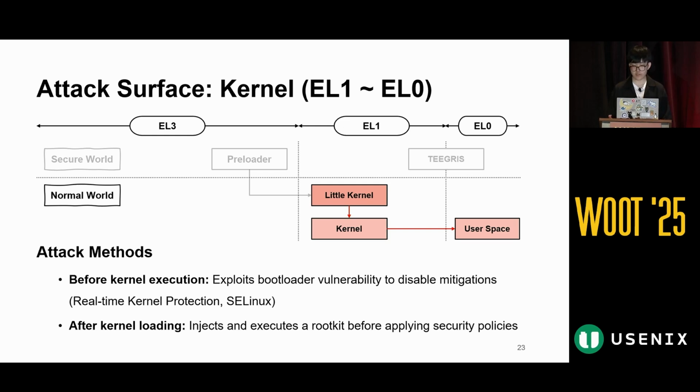As a result, the kernel executes in a compromised environment, enabling the attacker to load a rootkit and gain full control of the system without any additional steps. A single control point gained at the bootloader stage enables attackers to disable mitigations and compromise the entire system.